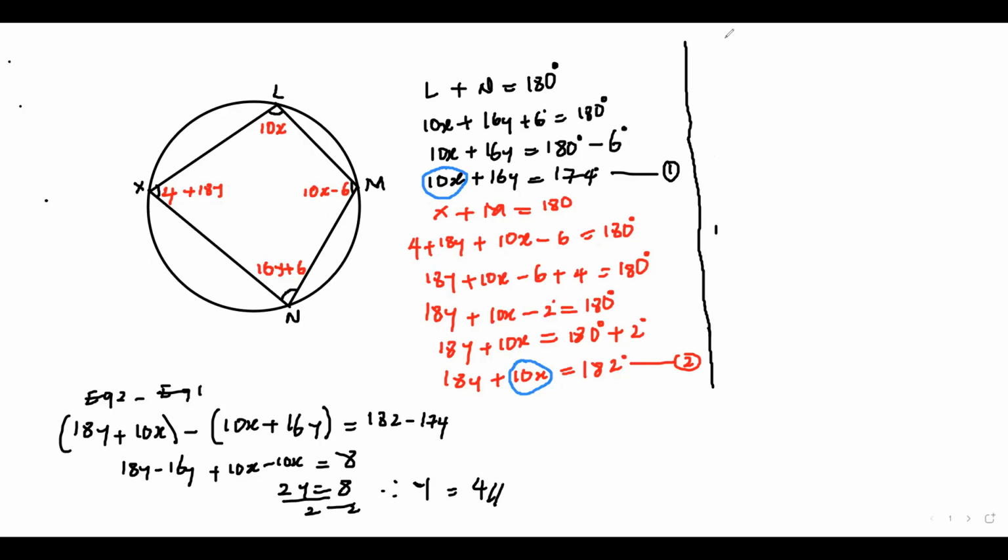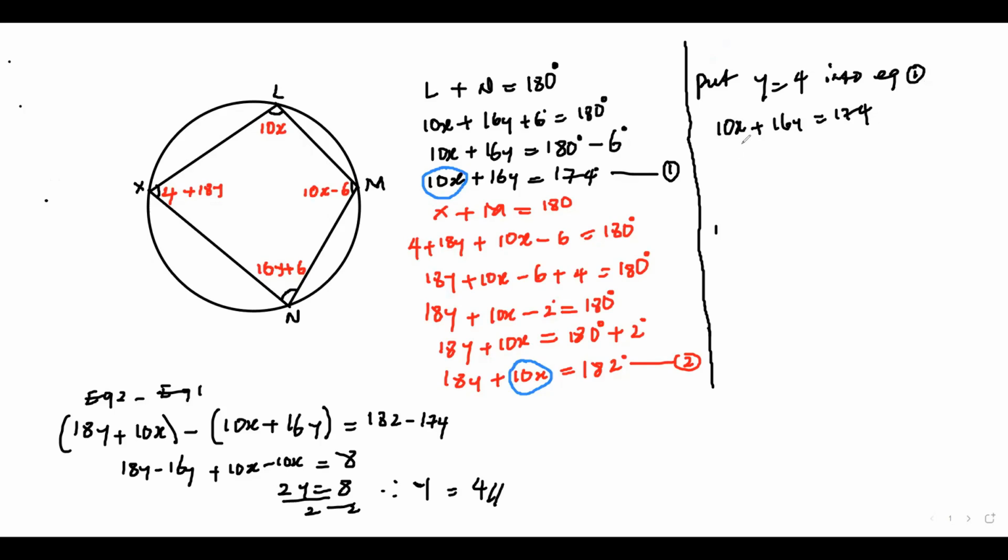All right. So to find the value of x, let's put y equal to 4 into equation 1. Recall that equation 1 is just 10x plus 16y equal to 174.